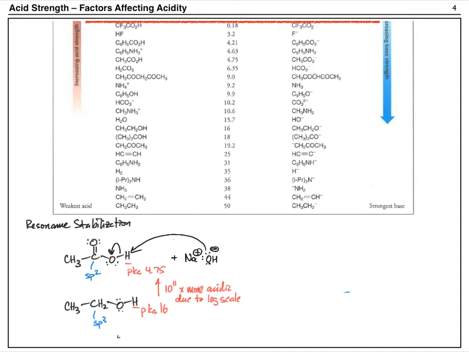So how do we know it happens that way? So we know oxygen's electronegative. So that means the hydrogen has to be delta positive. So the negative charge of the base is attracted to this partial positive charge.